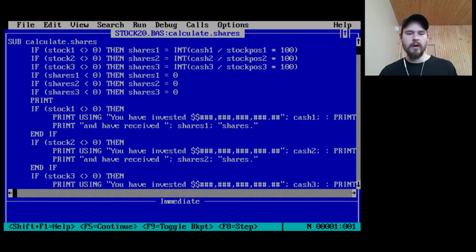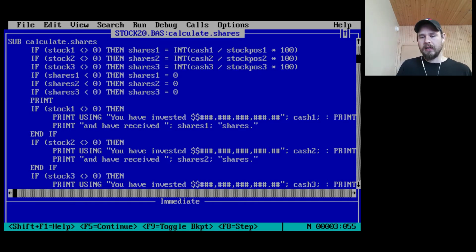If you've chosen stock 1 and shares 1 equals, you take the cash you've invested in, you divide it by stock pause 1, multiply it by 1,000. Now wait a second, stock pause 2 was never set. Shares 1, so if I invested $100 and its position was 100, then I would go 100 divided by 100 times 100, and that cancels out and I get 100 shares.